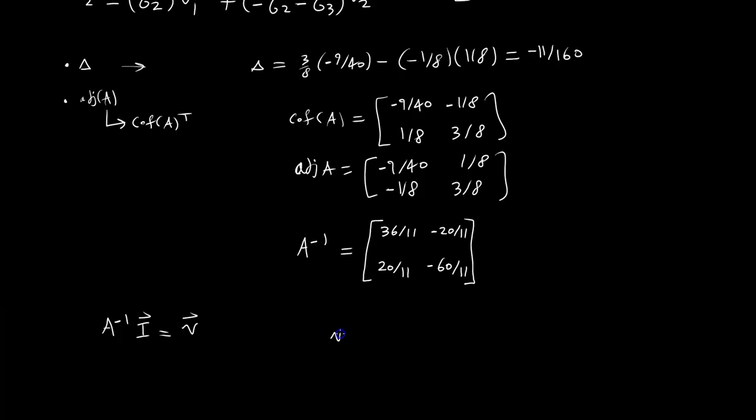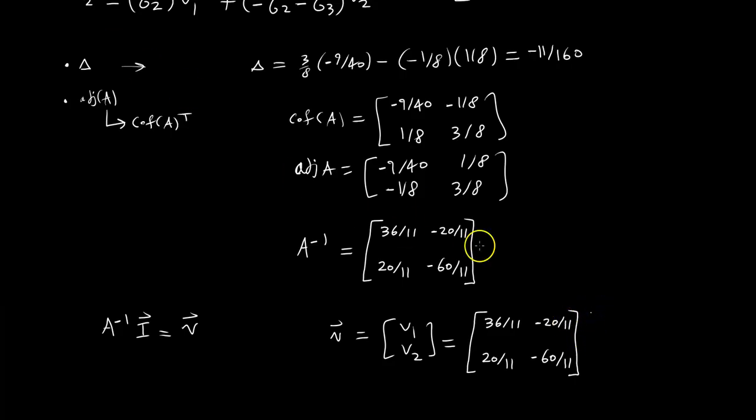So the V vector, V1, V2, is equal to A inverse, which is this guy, multiplied by the current vector 2, 3, and the final answer should be a 2 by 1 matrix, which I'm going to write down.